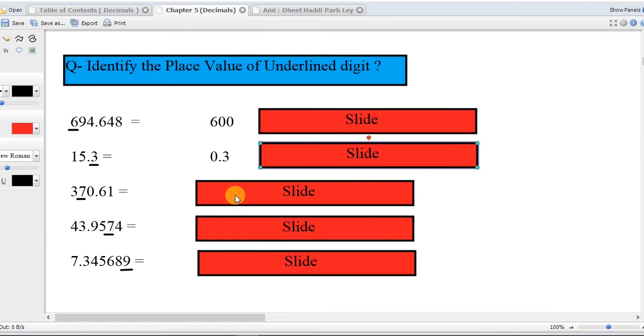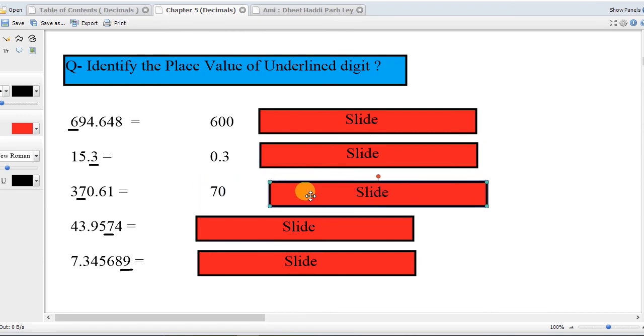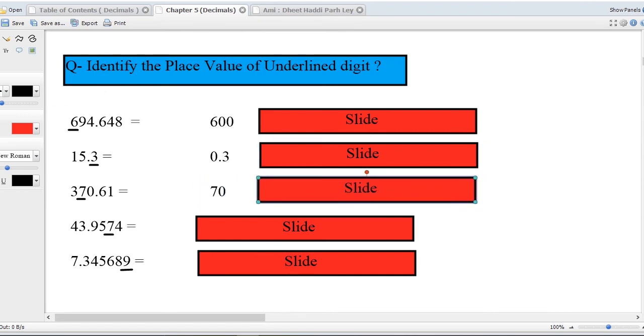So it's 7 tens. 7 tens means 7 times 10, which is equal to 70, right? Let me show you here. 7 tens means 10 in numeric form, and 10 times 7 is 70.